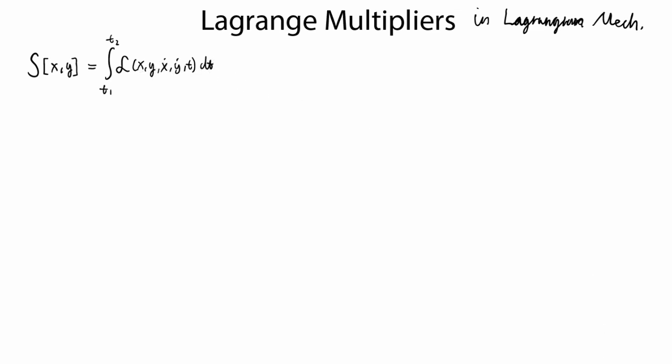Okay. And as we've done several times already, we're going to introduce paths that are variations on the correct solution. So we'll say that capital X of t is little x of t plus the variation on x, which is also a function of t, and the same thing in y.